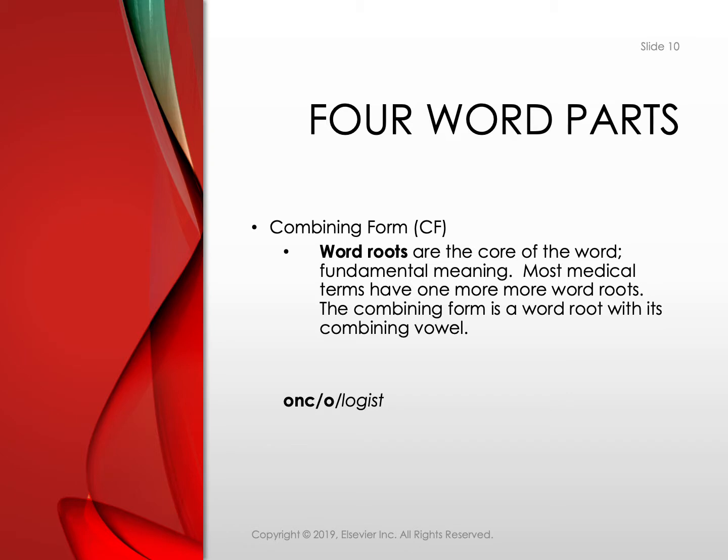Okay, so again, the combining forms are the root words, and they're the core of the word. Here's an example. Oncologist, okay? Here we have the combining vowel of O, and we have onco and ologist, which are root words.